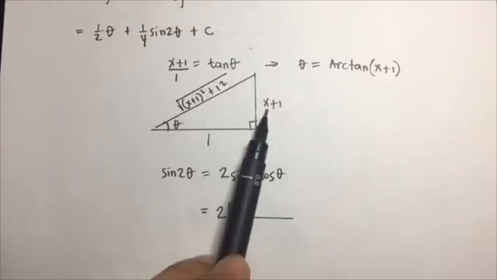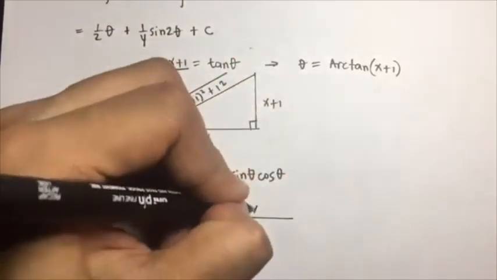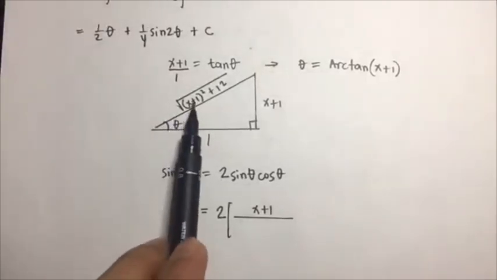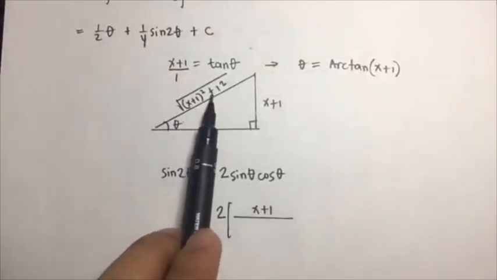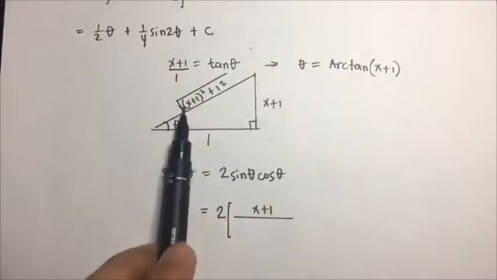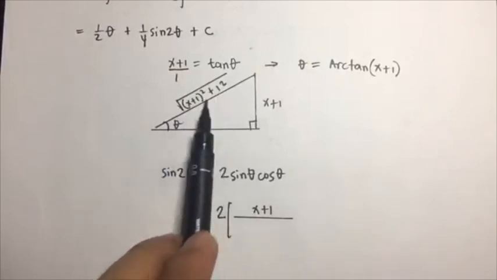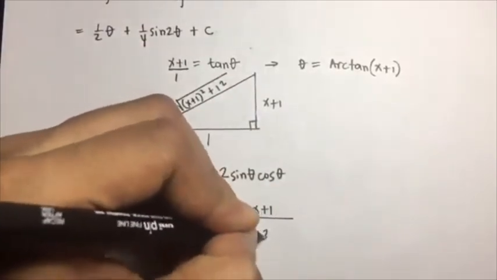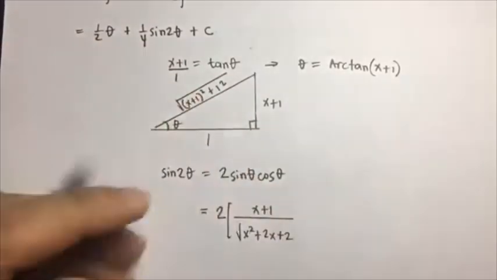So our numerator is x plus 1, then our hypotenuse is the square root of (x plus 1) squared plus 1 squared, so that is x squared plus 2x plus 2.